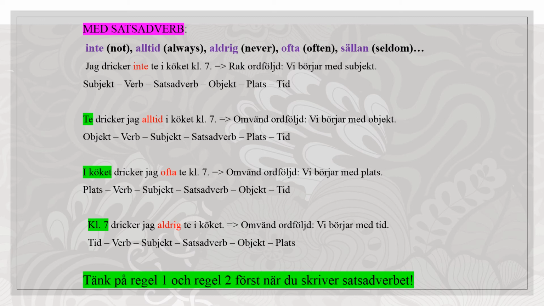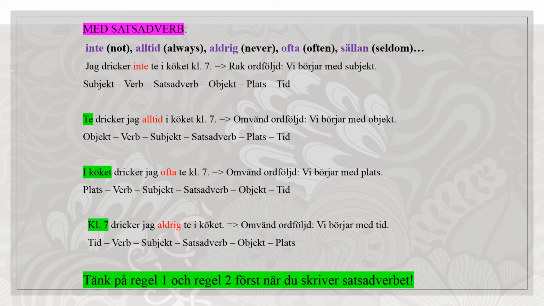Straight sentence, we start with the subject, verb and then satsadverb. So in the straight sentence, satsadverb always comes after the verb. Subject, verb, satsadverb and then object, plats, tid. This is the format if there is a satsadverb given.